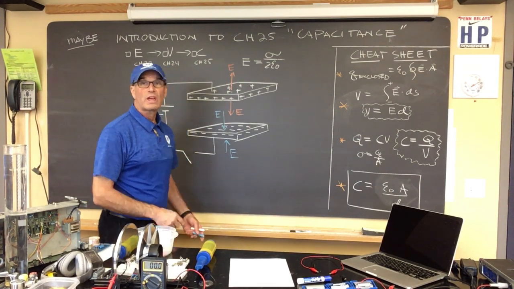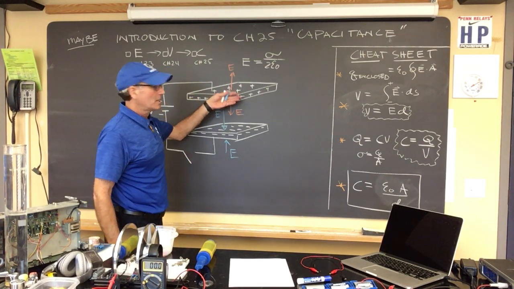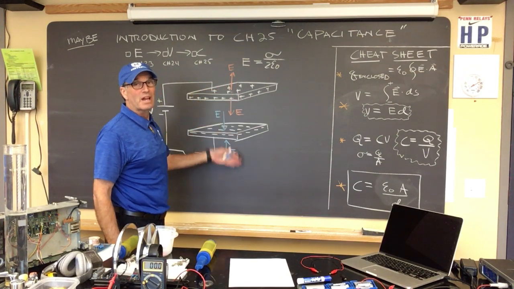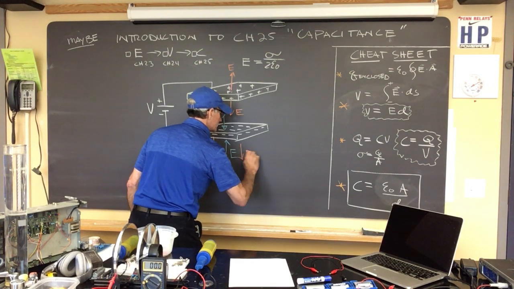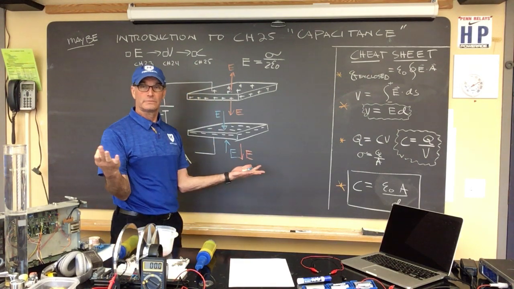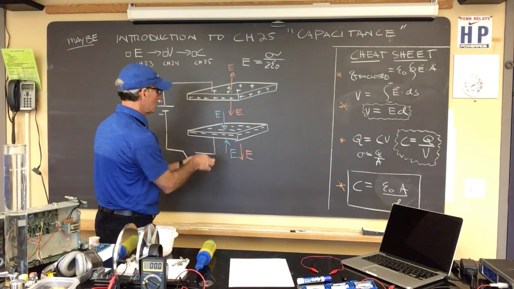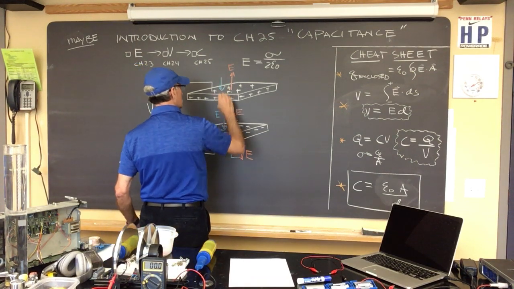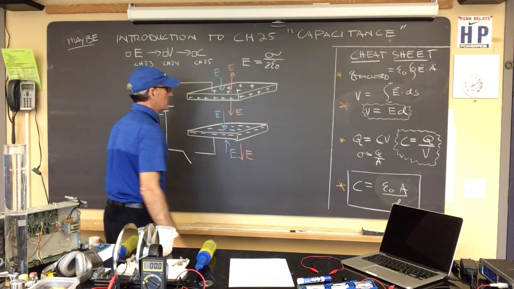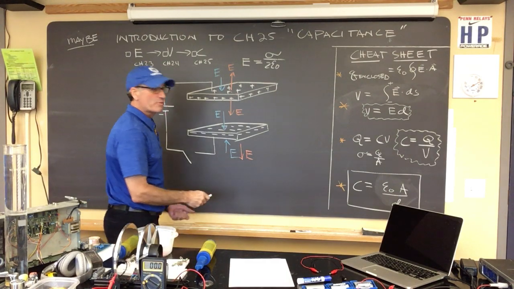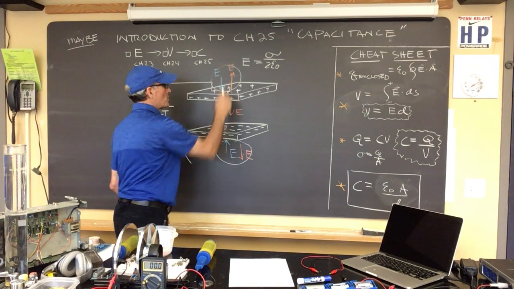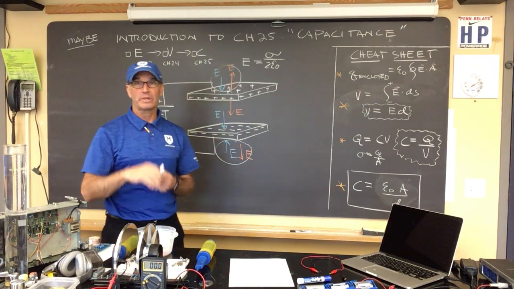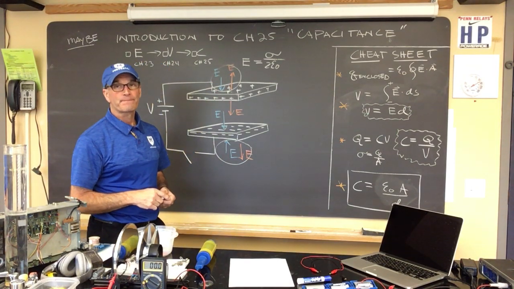The electric field from the upper plate extends beyond the lower plate, as does the lower plate's, extending beyond the positive plate. And lo and behold, what do you suppose happens above and below that parallel plate arrangement? Yeah, the electric field cancels.